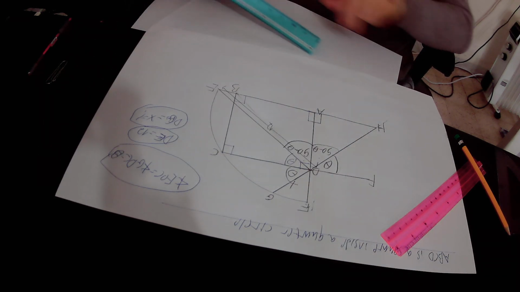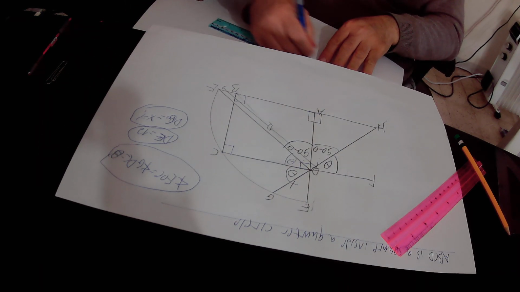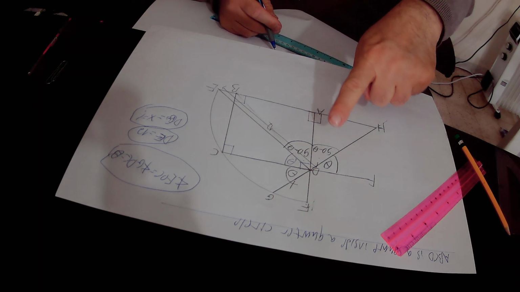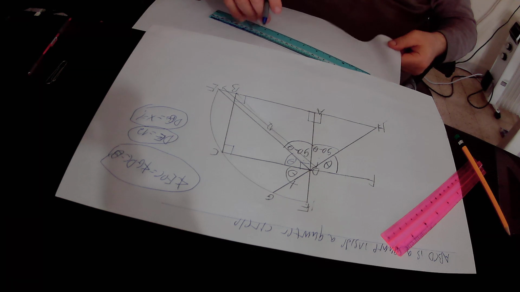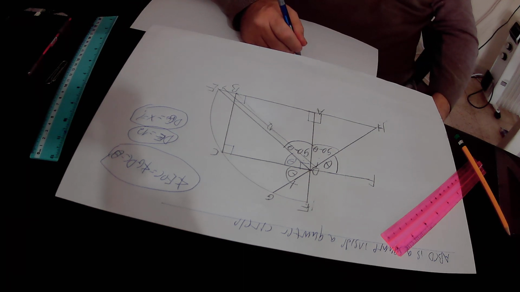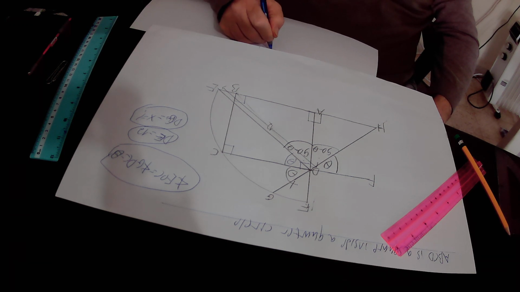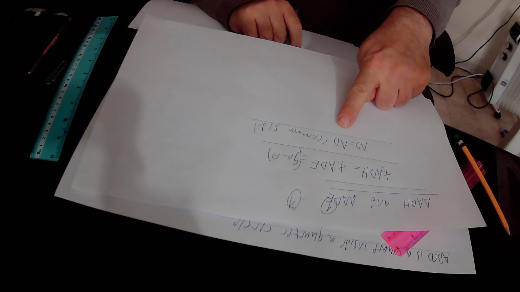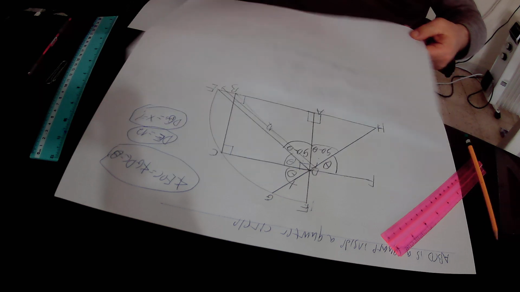In addition, side AD is the common side that belongs to both triangles, so you can write down that AD equals itself.